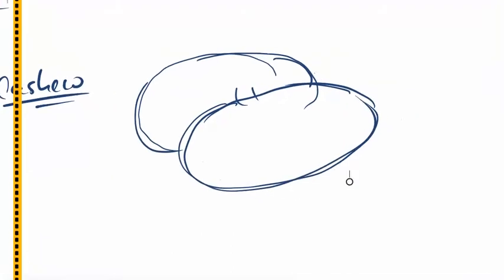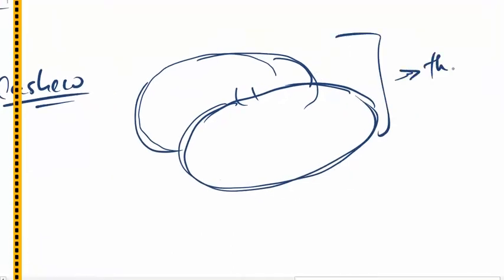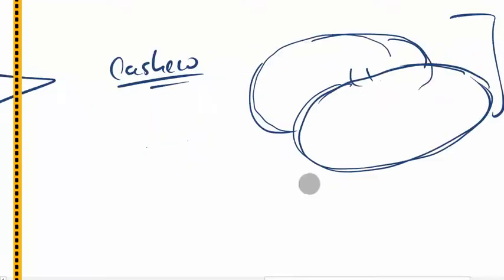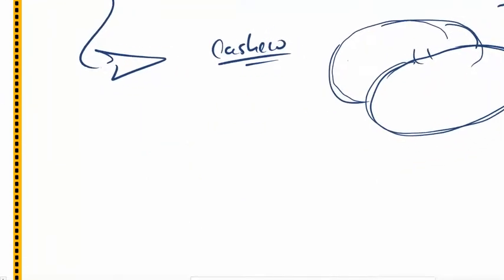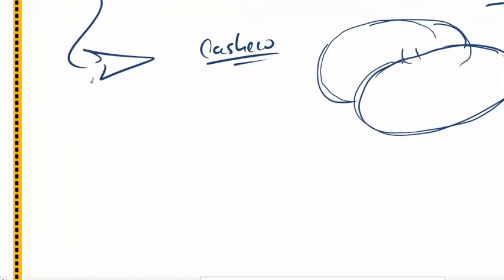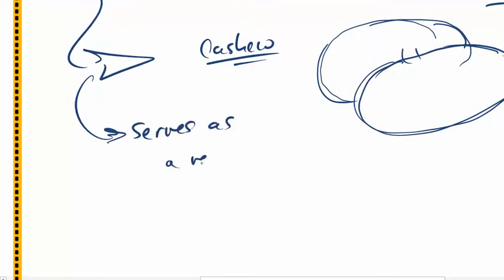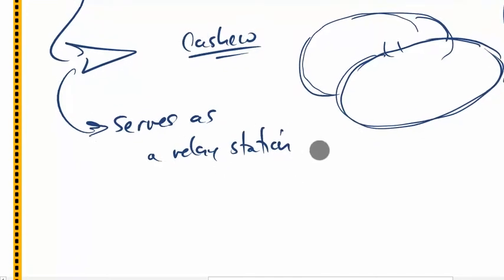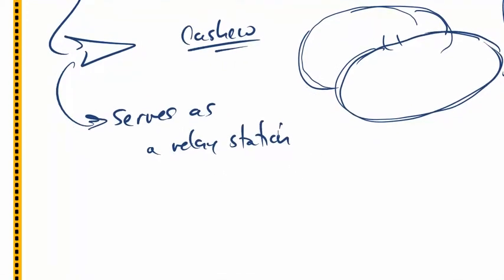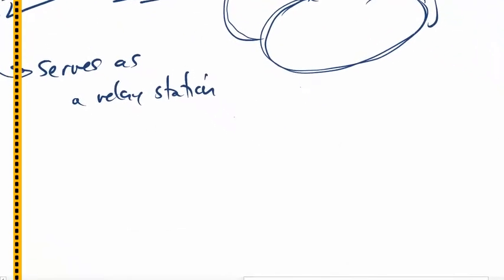So this would be a thalamus, roughly the size of a cashew. Now, the thalamus serves as a relay station, relaying primarily sensory information.